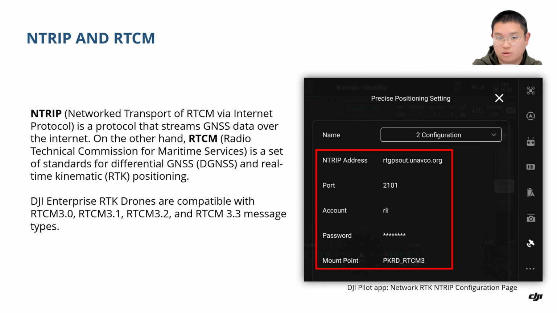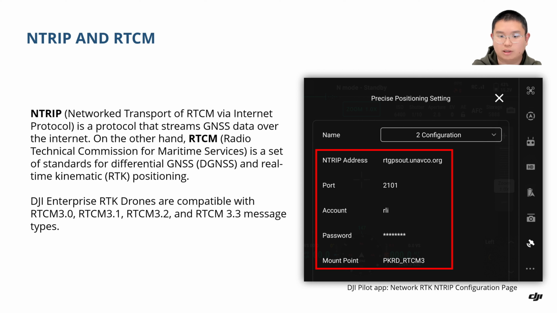It allows drones to connect to an RTK network for precise positioning. This protocol is compatible with most third-party RTK networks, making it a versatile and efficient solution for RTK drone operations. However, it is important to ensure that the network provider supports this NTRIP protocol to guarantee seamless data transmission.